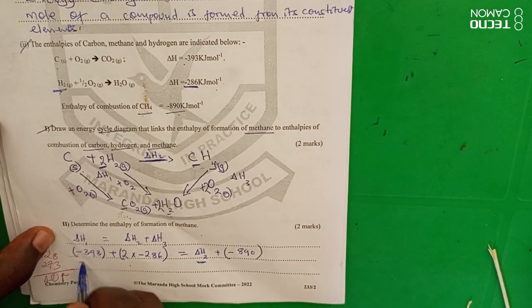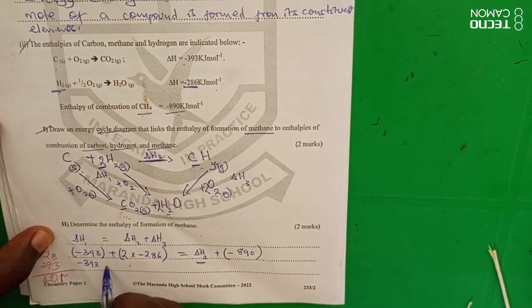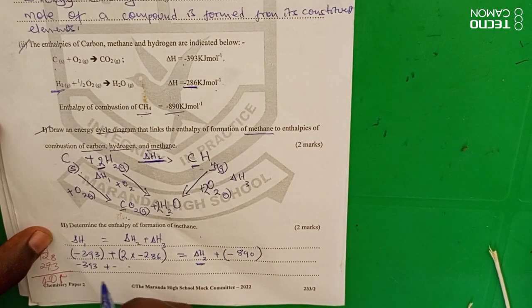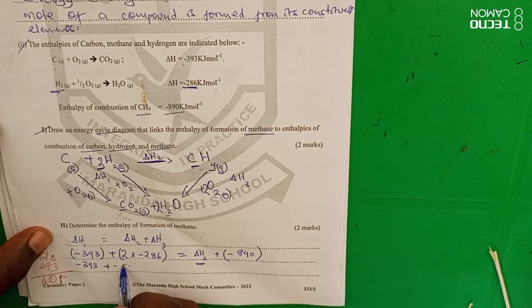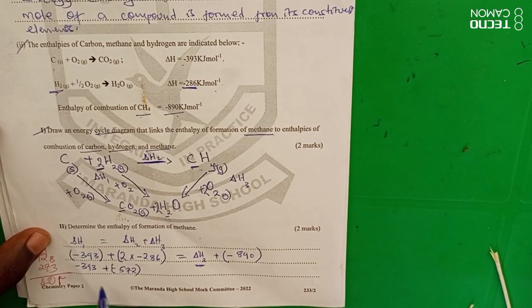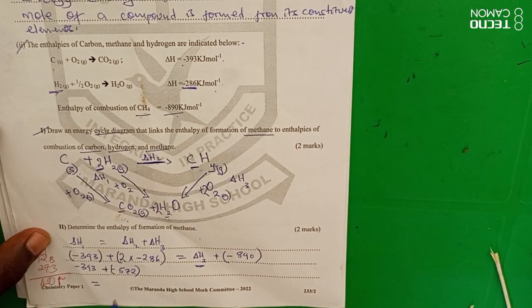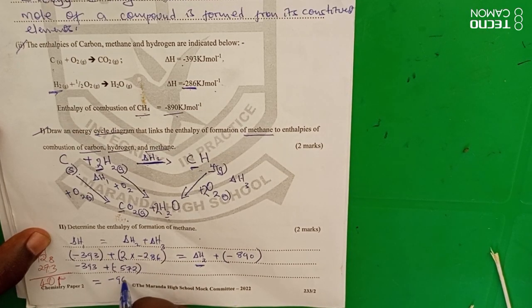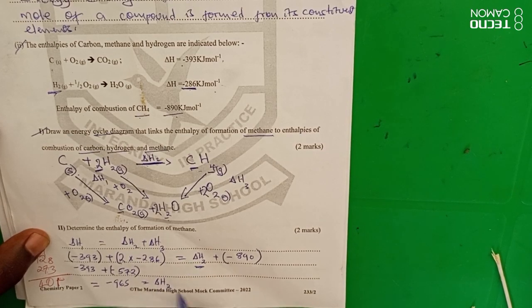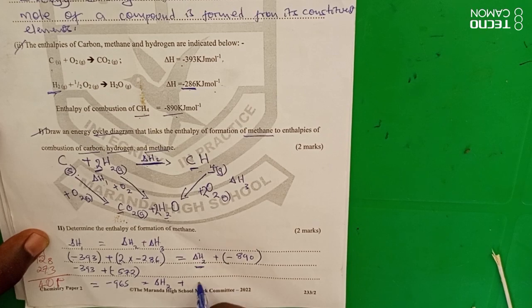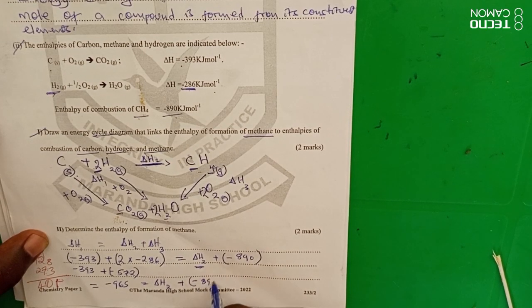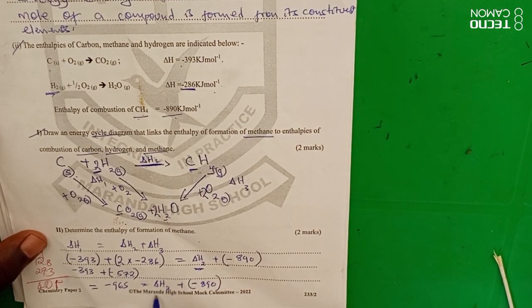This is negative 393 plus negative 572. This will give us negative 965 is equal to route 2 plus negative 890.